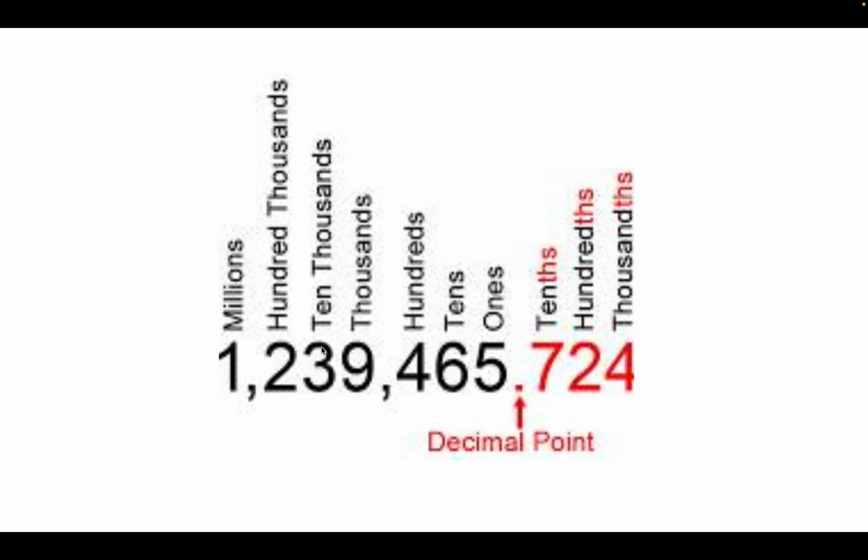So you can see the 3 is the 10,000s place, the 9 is the thousands place, the 4 is the hundreds place, the 6 is the tens place, and the 5 is the ones place. So this is basically saying there are 3 10,000s, 9 thousands, 4 hundreds, 6 tens, and 5 ones. And when you put that together, you get 39,465. Okay? Hope that made sense.